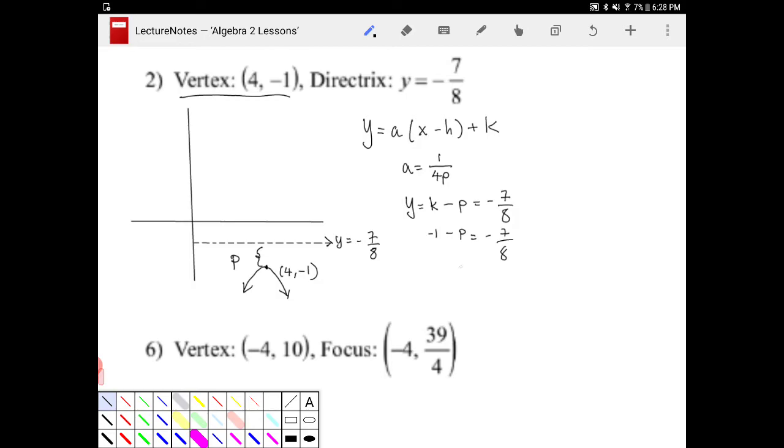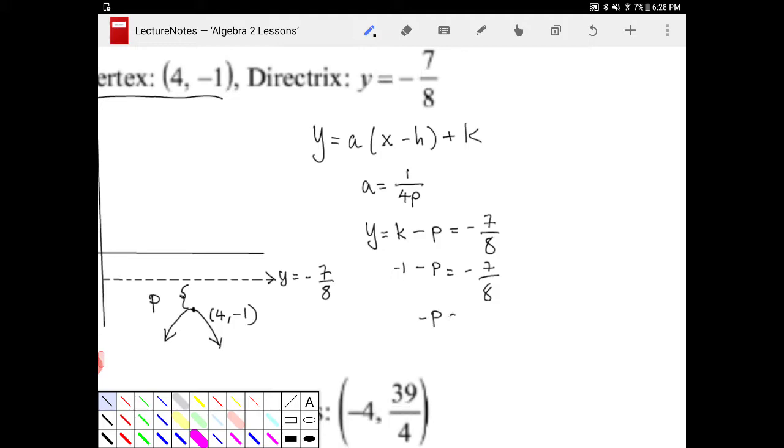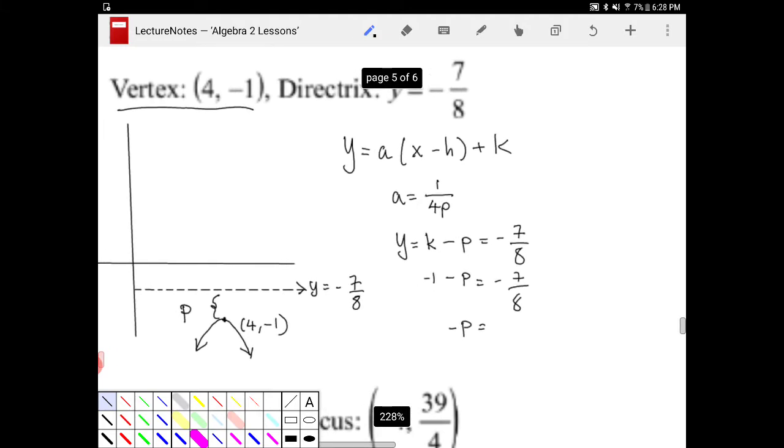Thereby, if I add 1 to both sides, I end up with -p is equal to 1 minus 7/8, and that's just going to be 1/8. But because -p is equal to 1/8, p therefore is equal to -1/8.